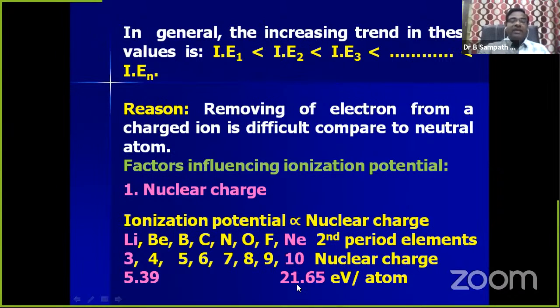This is 21.65 electron volts per atom. See here, the ionization potential of lithium is less than neon. Why? Because the nuclear charge increased within the radius. So that's why ionization potential is directly proportional to the nuclear charge. If the nuclear charge is greater, then ionization potential is also high.